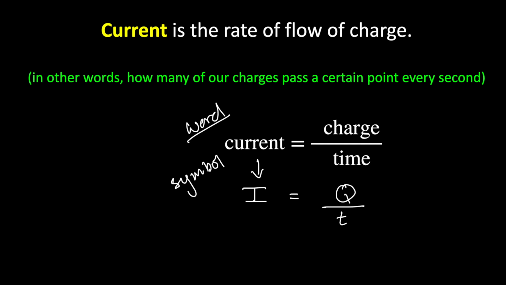And we also need to look at the units. Time, as we all know, is measured in seconds. Charge is actually measured in a quantity known as coulombs, a capital C. And current is measured in amperes or amps.